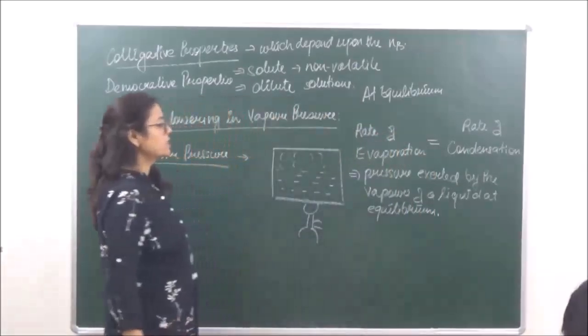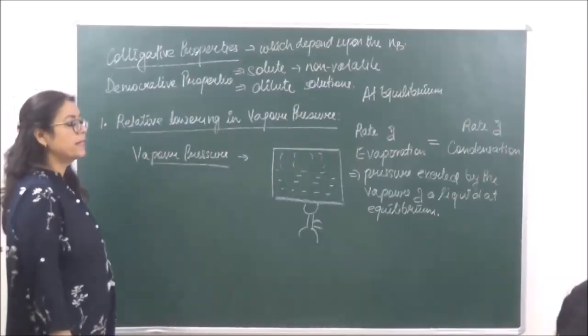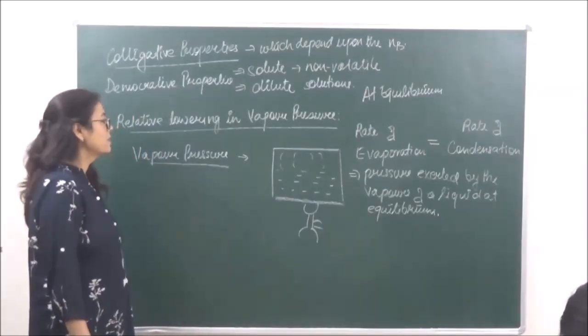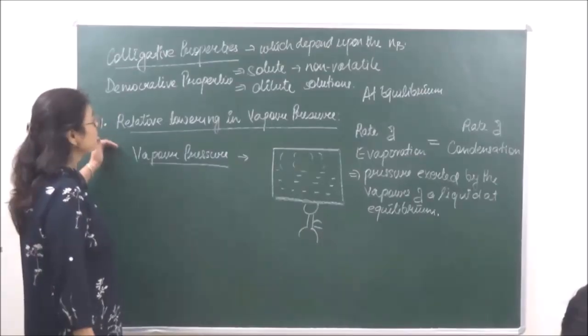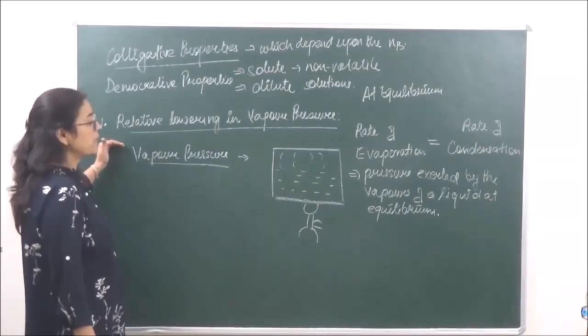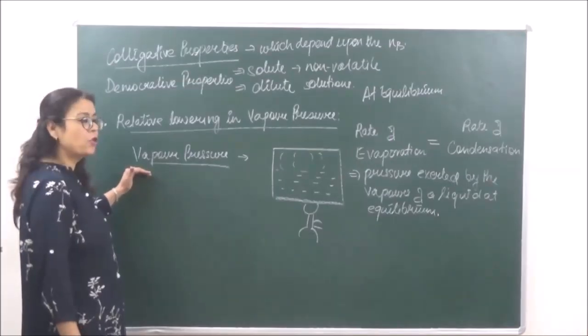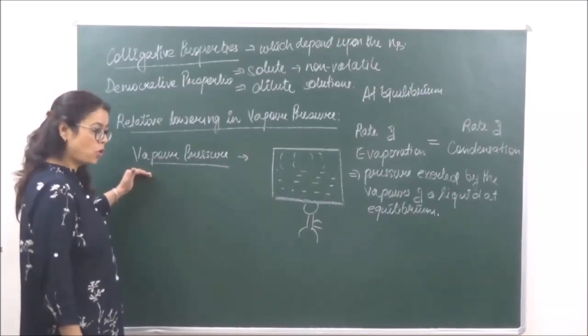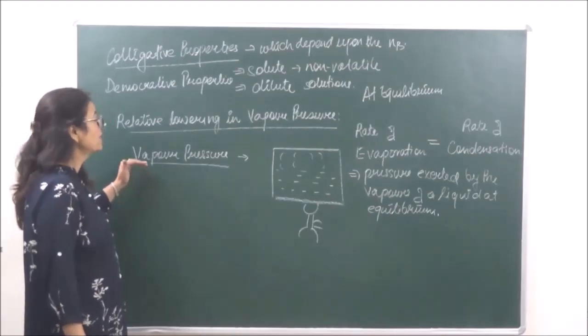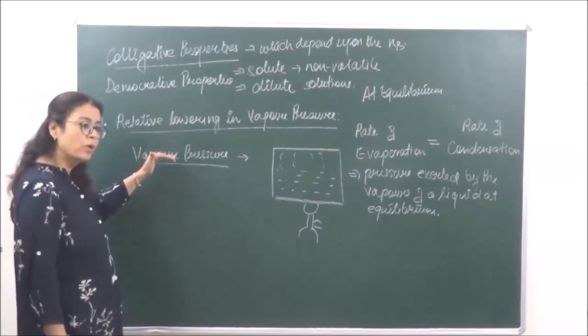So the pressure exerted by the vapors of a liquid at equilibrium is known as vapor pressure. This is the first colligative property which we are going to study, in which we will study that on adding a non-volatile solute to a solvent to form a solution, the vapor pressure is lowered, right?